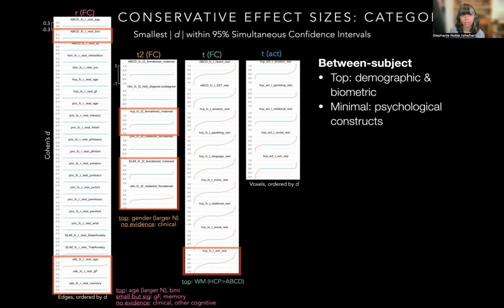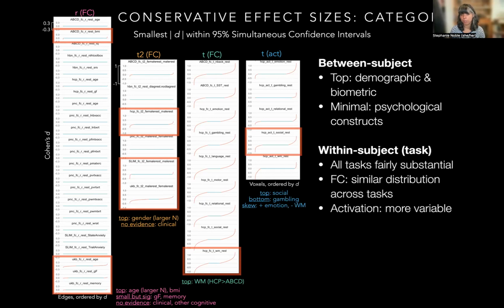And then in the within subject context, specifically for functional connectivity, we see working memory being the best task. I'd say they're pretty similar across tasks here, so I wouldn't read into that too much. And then in the activation mapping context, social tasks tend to have the largest effects, gambling tends to have the least. There are different skews for some different studies, but overall, all tasks are fairly substantial, and especially for functional connectivity, pretty similar.